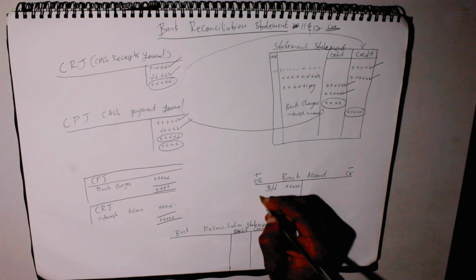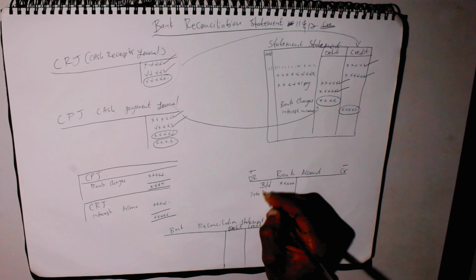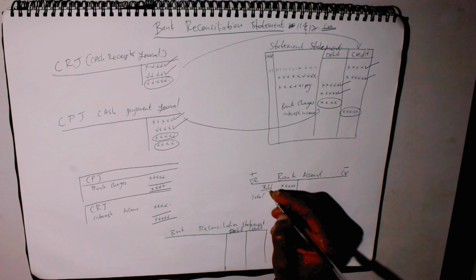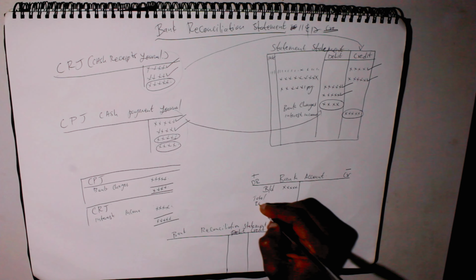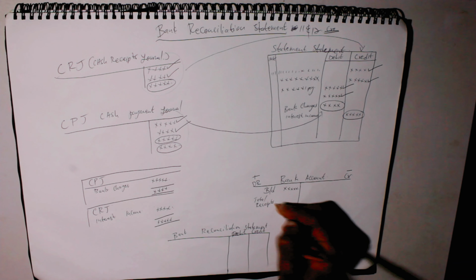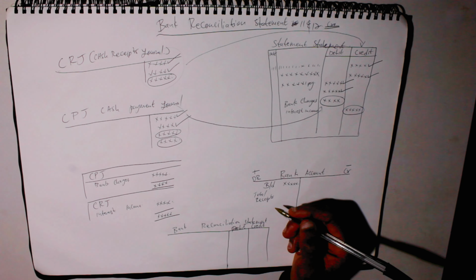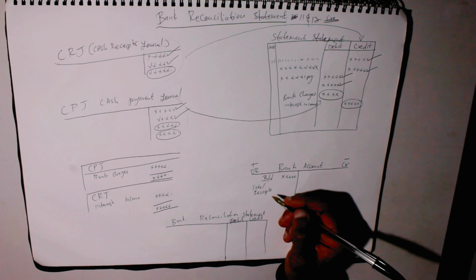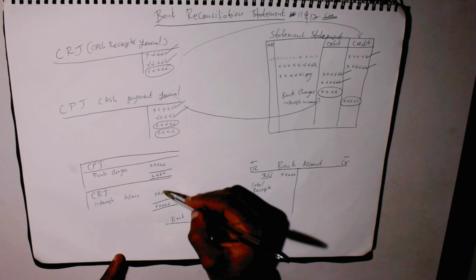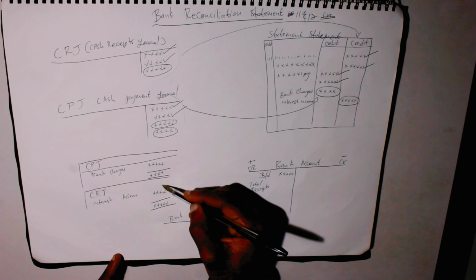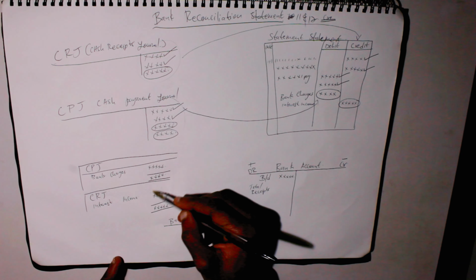On the debit side, we're going to record the total receipts. Total receipts, we take them from the cash receipt journal. So in this case, let's just say we recorded all the cash receipt journal, or we fixed all the mistakes, and then we added everything.